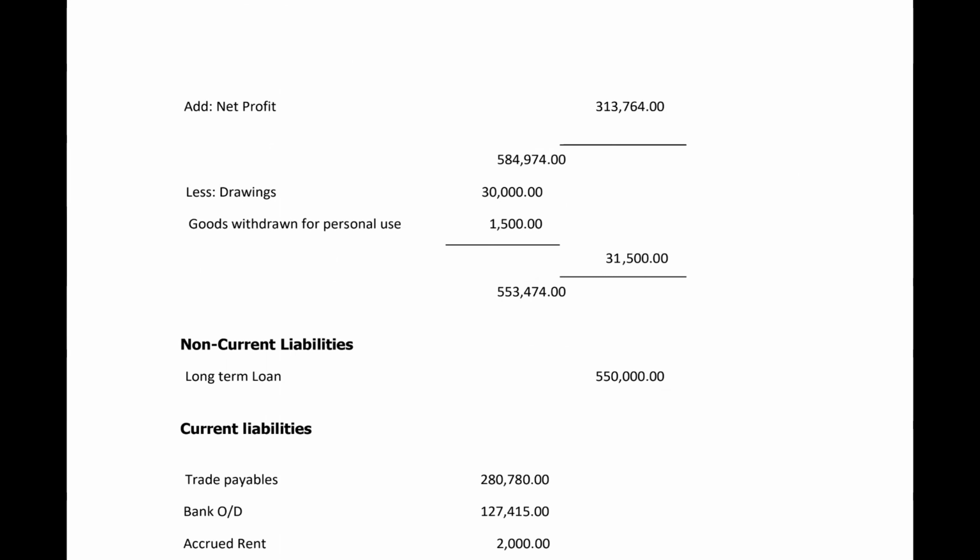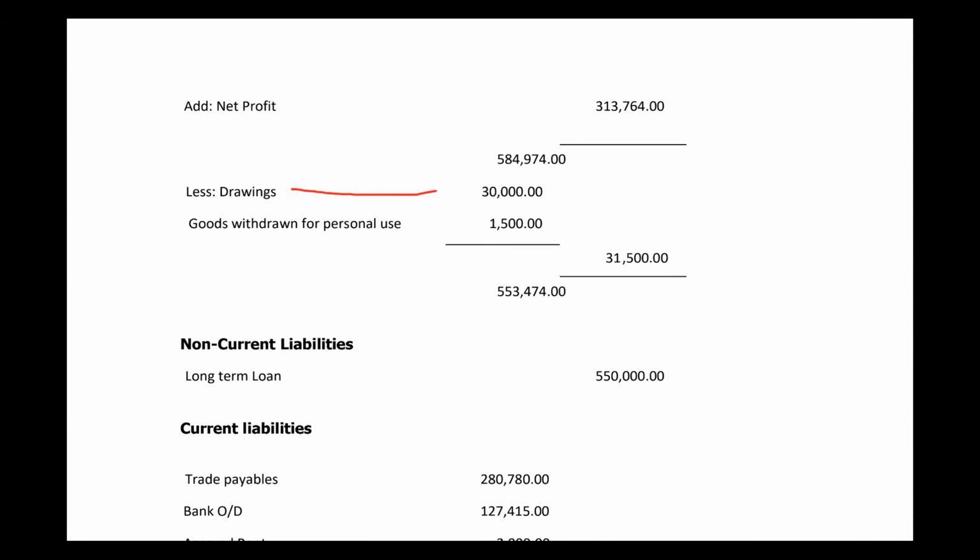Then you less the drawings. You should subtract the drawings and the goods drawn for personal use. This drawing of 30,000 is for money. Then there is also the withdrawal of goods.